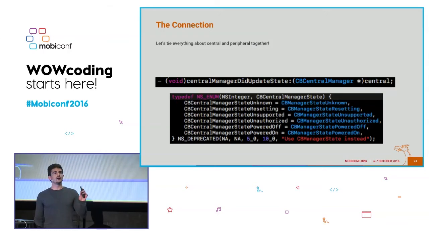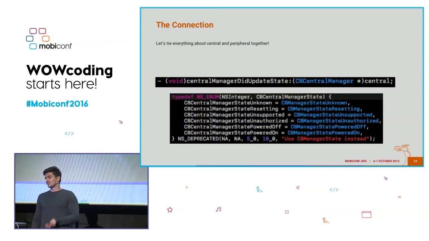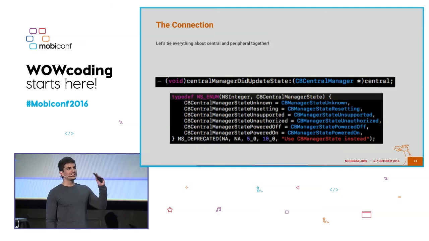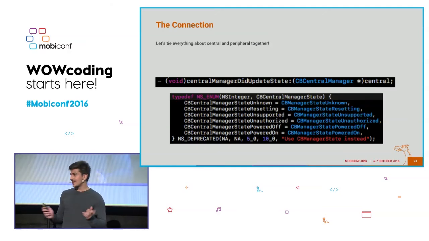But the real trick here, and why I'm showing you this in a separate slide, is that by Apple docs, if anything goes below powered off, all the CBPeripheral objects are invalidated. What does that mean?